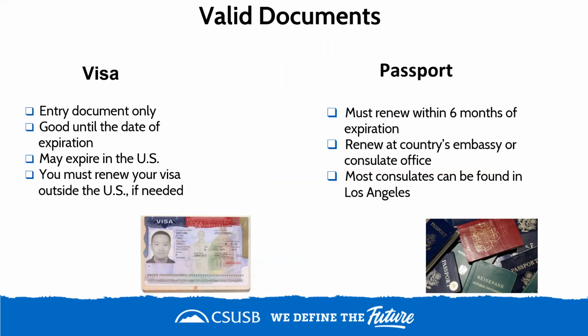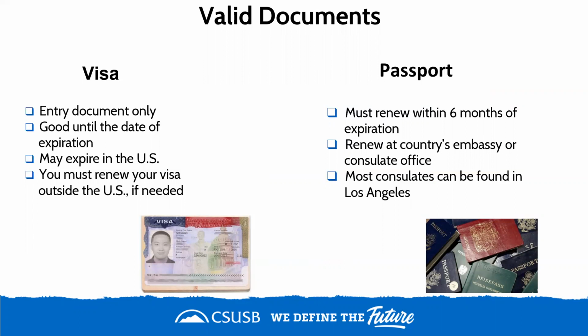Other valid documents that you must keep are the visa stamp and the passport. The visa has an expiration date attached to it. As long as you are in the U.S., it's okay to let this particular date expire.